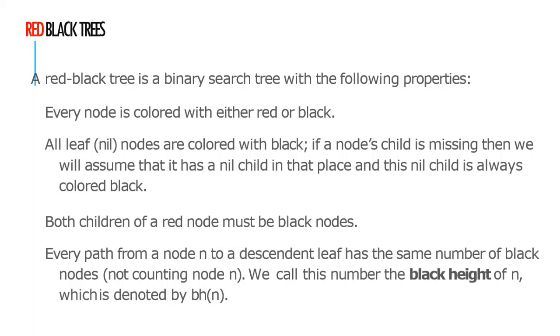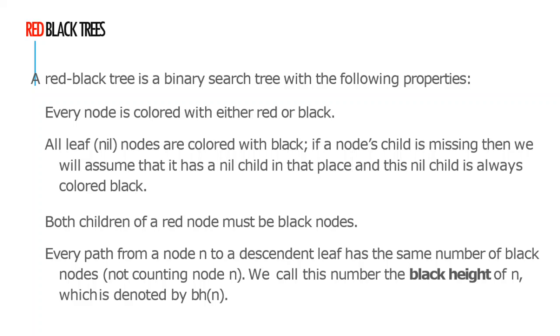A red-black tree is a binary search tree with the following properties. As we know, every node is colored with either red or black. All leaf nodes are colored black. If a node's child is missing, then we will assume that it is a null child. This null child is always colored black.